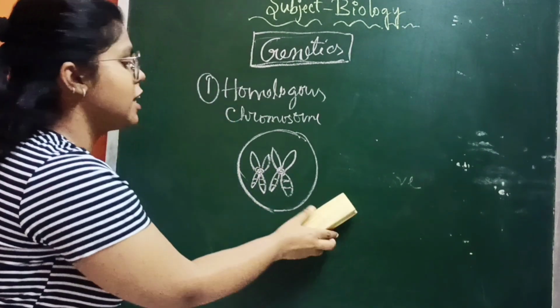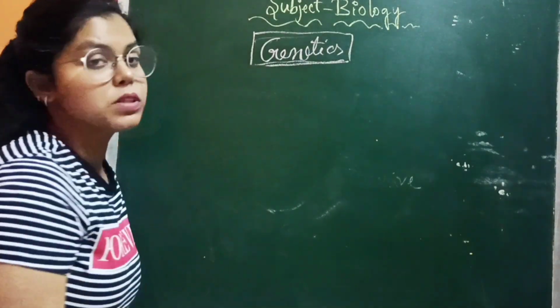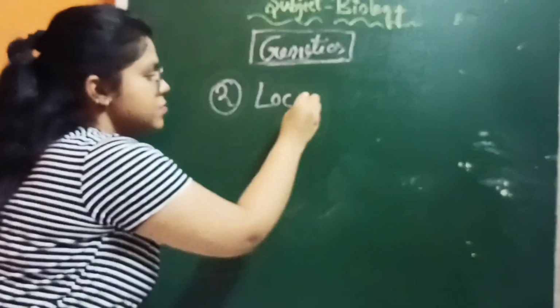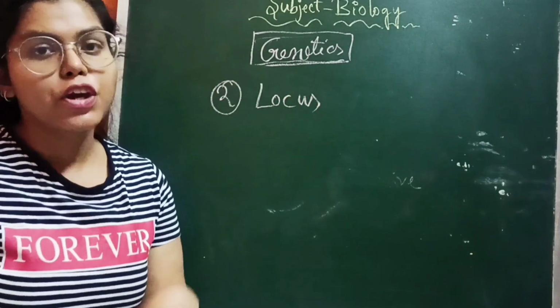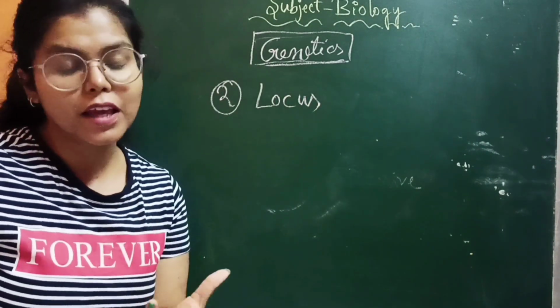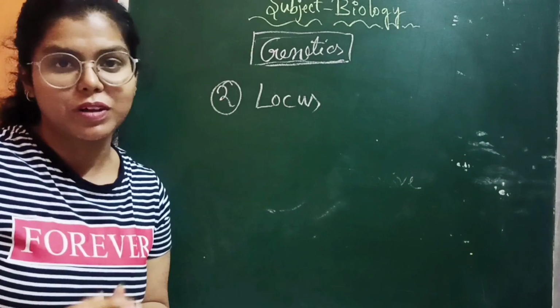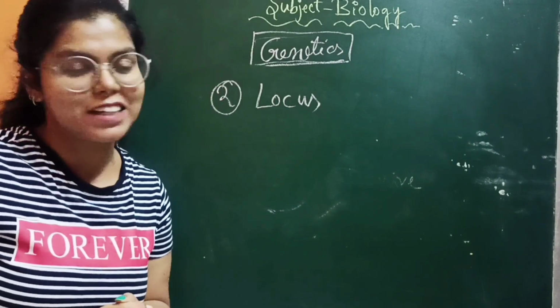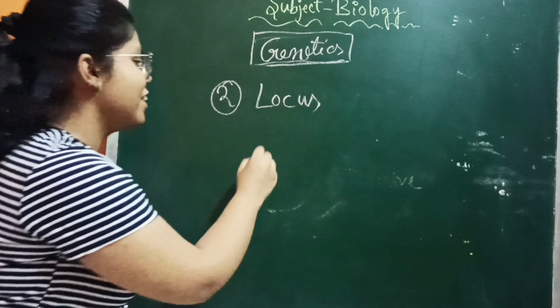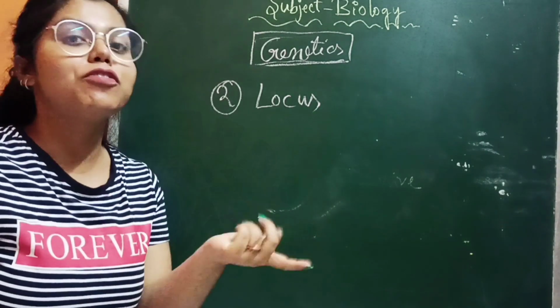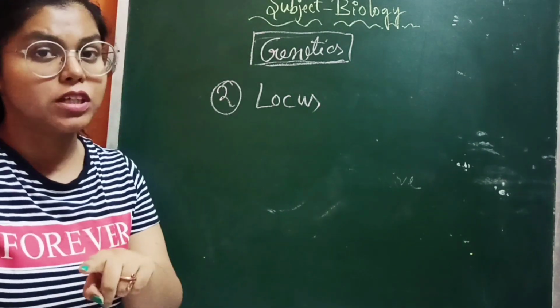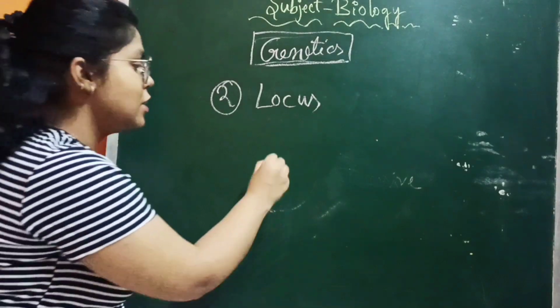So let me tell you what is locus or loci. Basically, where you live, a particular place, is your locus. Did you understand? No, right? So the home of the gene, or the position of the gene, is the locus.